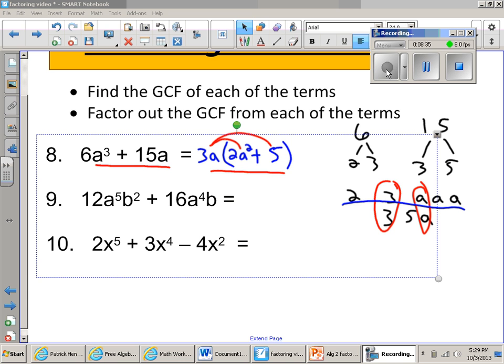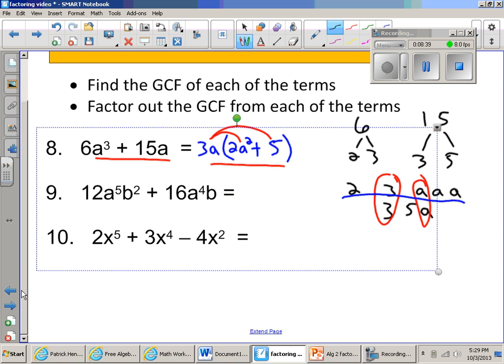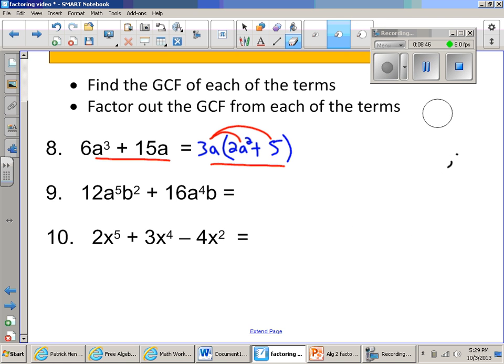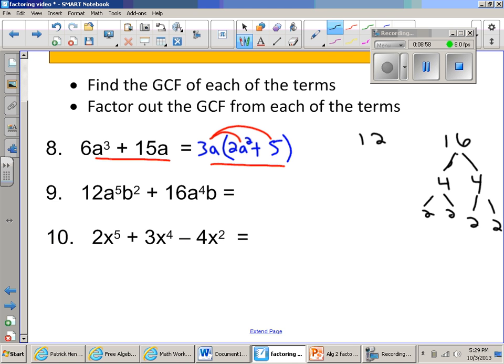Look at number 9. First thing I'm going to do is find my GCF. So I need to tree 12, tree 16, now write my prime factorization for each one. 2, 2, 3.